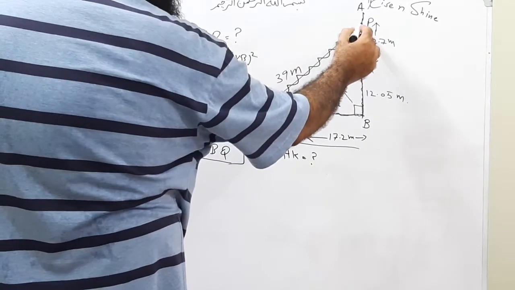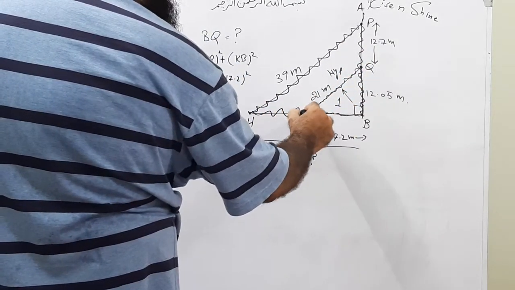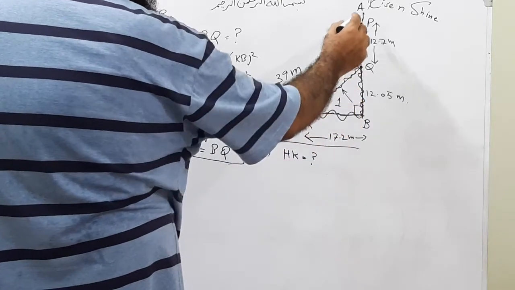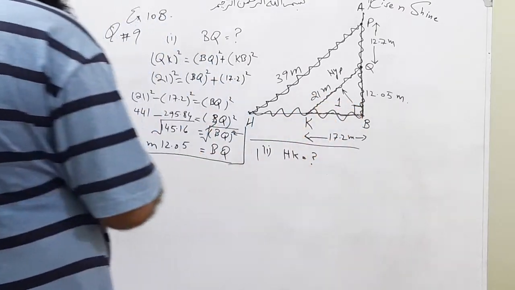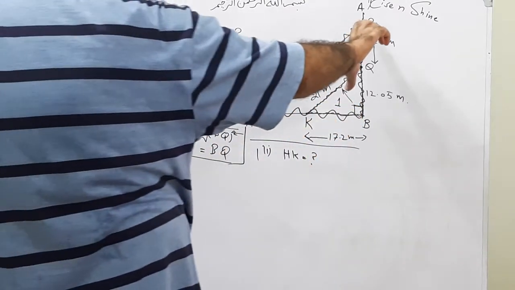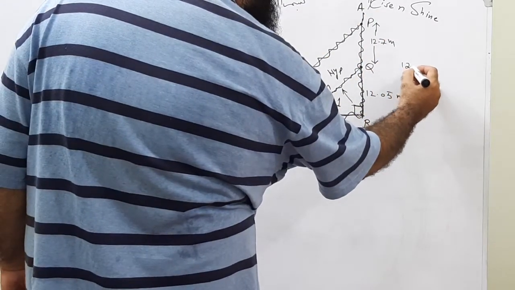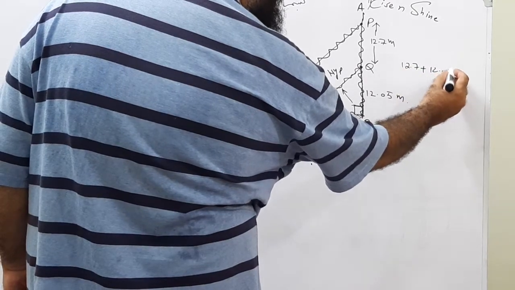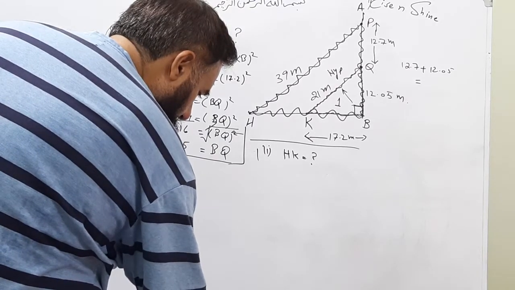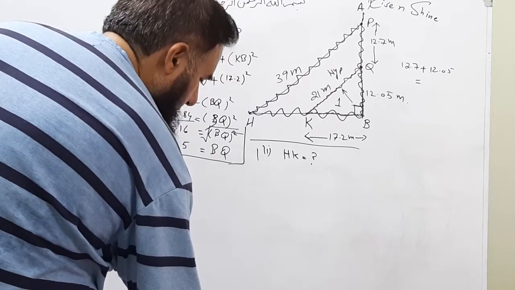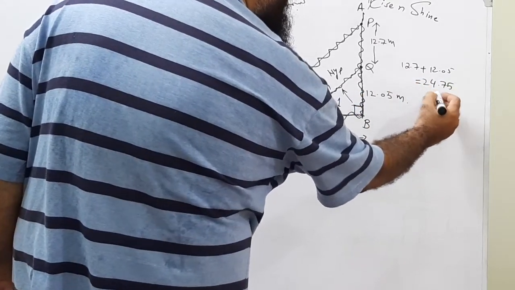I am differentiating by these bigger curved lines. So we'll be using triangle ABH, where this angle is 90 degrees. We have this PB, which is equal to 12.7 plus 12.05. So this is 24.75 meters.